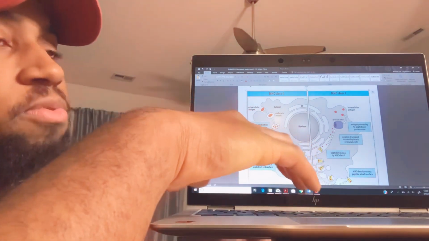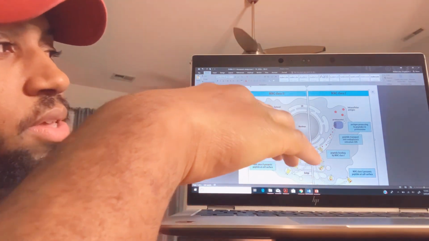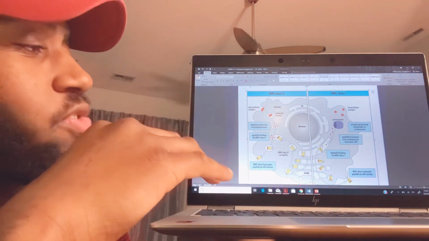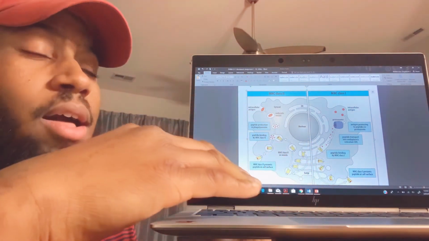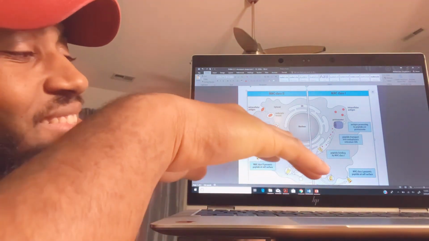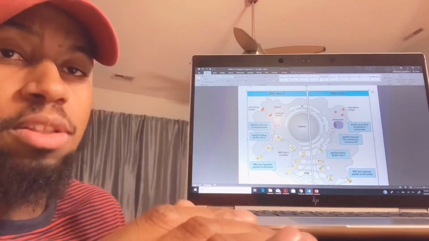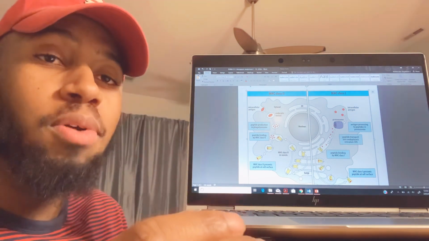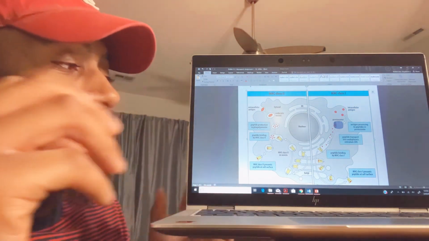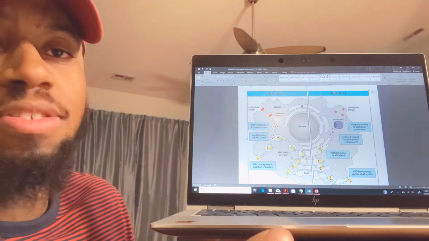And the similarity between the MHC class 1 and MHC class 2 is that the major histocompatibility complexes originate inside of the endoplasmic reticulum. So that's the site where the broken down protein of this antigen will combine with the MHC complex.